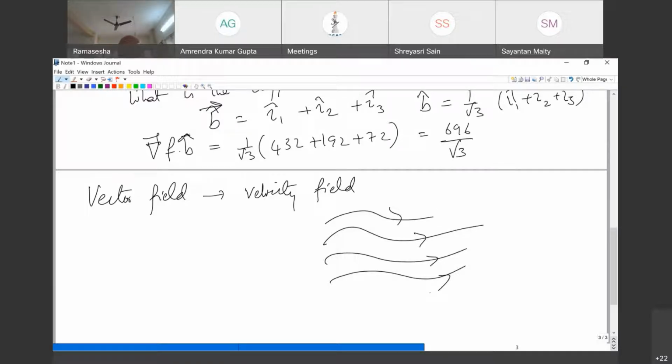And what I want to know is, at any particular point in space, if I take a little cube there or any volume element, how much water is entering the cube and how much is leaving.